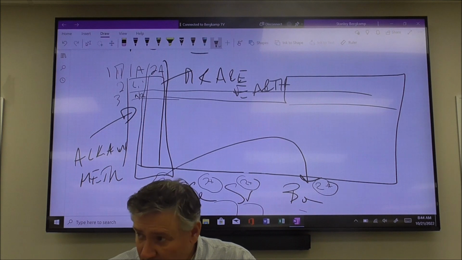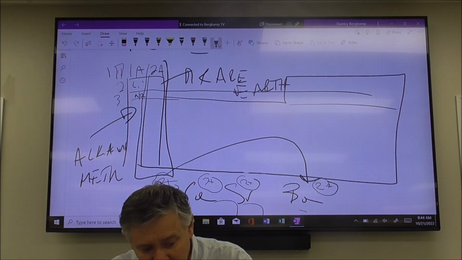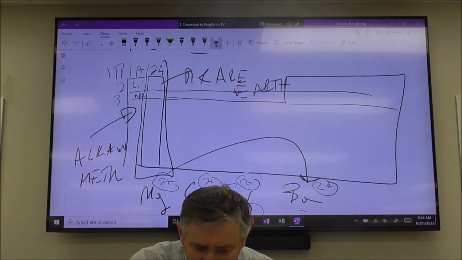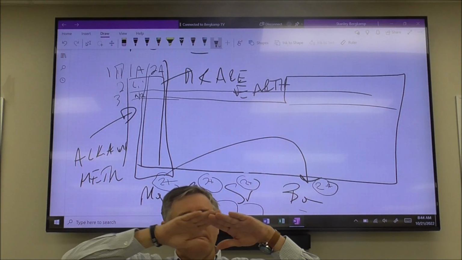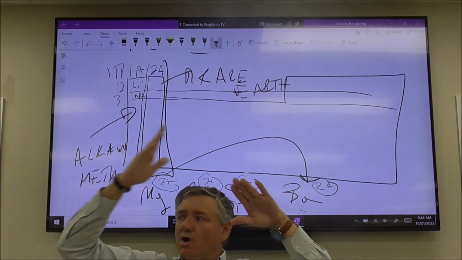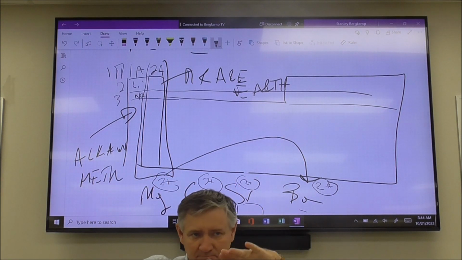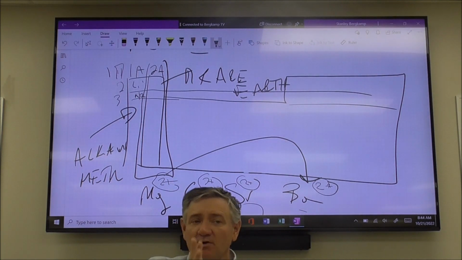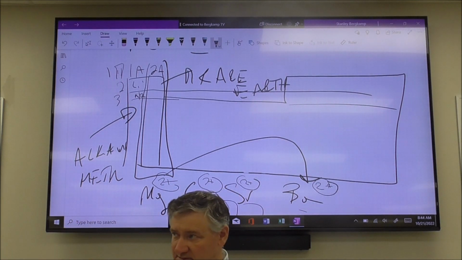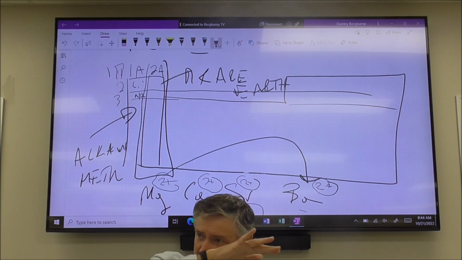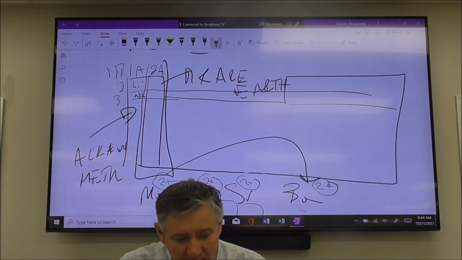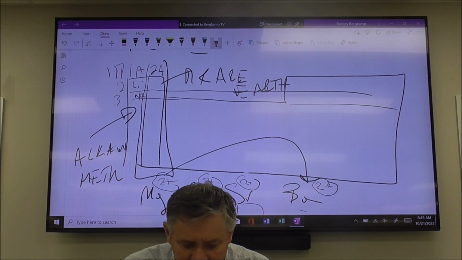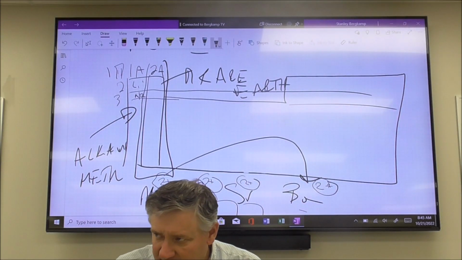Then when you get to question number 2 on the back, it says which period 3 metal. Now, here's the deal. You're talking about magnesium and aluminum. So periods go across, groups go up and down. Periods go across, that's one of the first things you have to have, because if you don't know the terminology, the question doesn't make any sense. So groups go up and down, periods go across. Then, on number 3, it says rank the 3 metals in part A from most to least reactive.